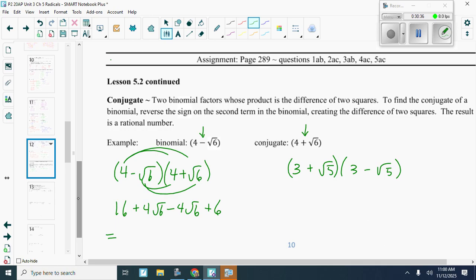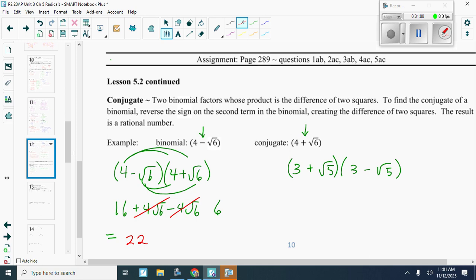What you'll notice, every single time we use a conjugate, those middle two terms are going to drop out. And then we're left with this amazing whole number. So we have, let's try 22.